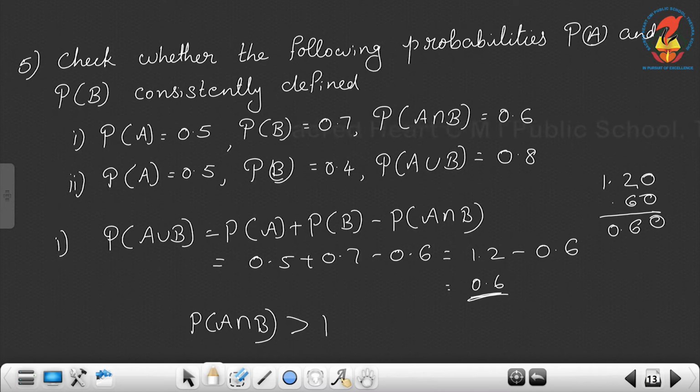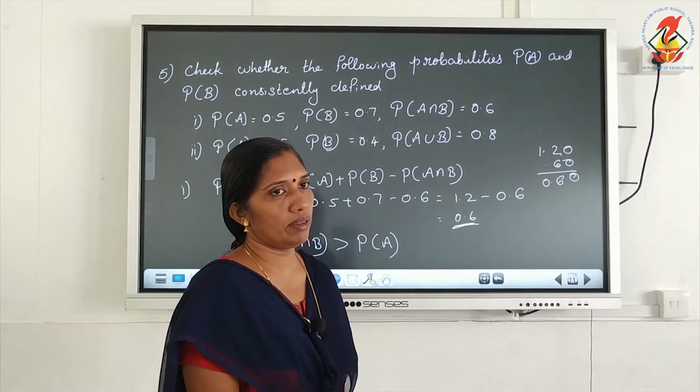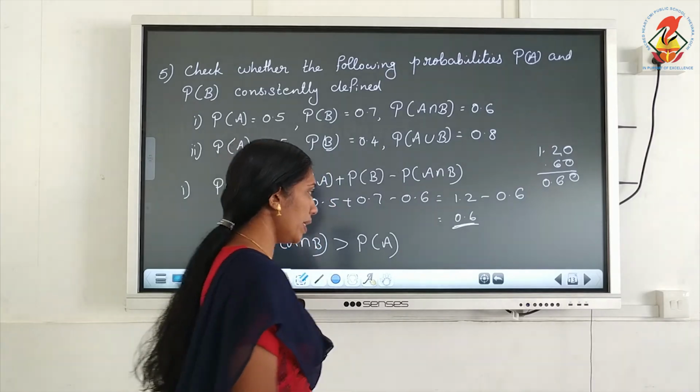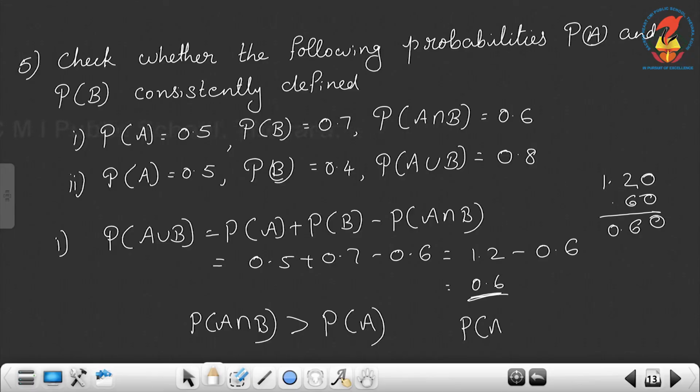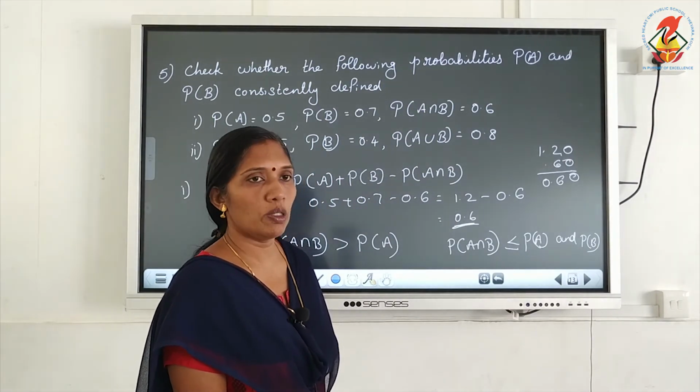It is greater than P of A. Is it possible? A intersection B means the common part in both A and B. So P of A intersection B must be less than or equal to P of A and P of B. Intersection cannot be greater than P of A and P of B. That is not at all possible.